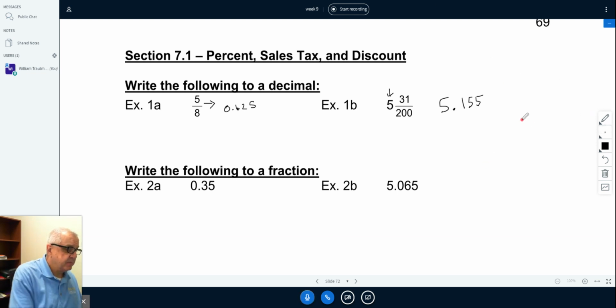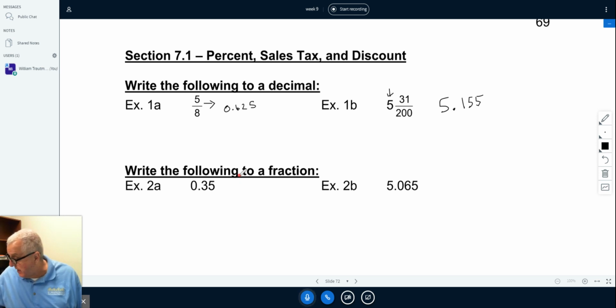Next problem. Write the following as a fraction. When you change a decimal to a fraction, I'm saying refer to the sheet, and they don't tell you.